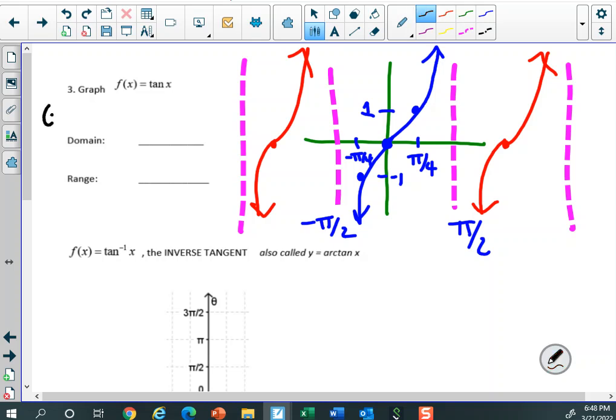The domain is negative infinity to infinity, except every place we have asymptotes, pi over 2 plus or minus pi k, range negative infinity to infinity.